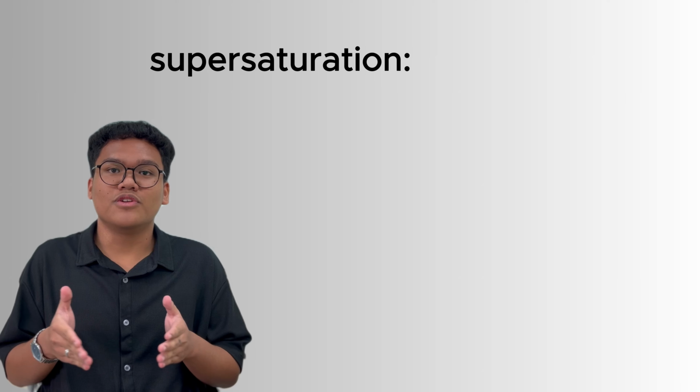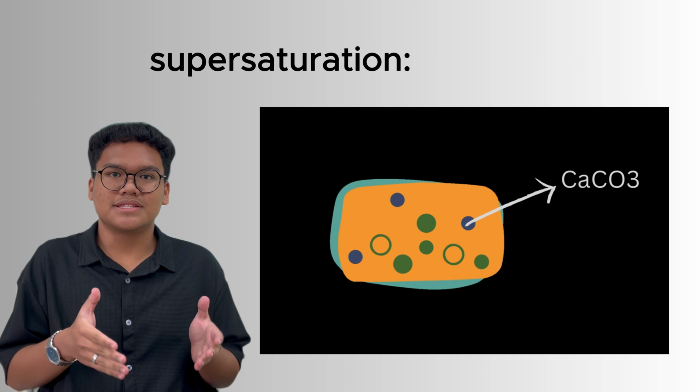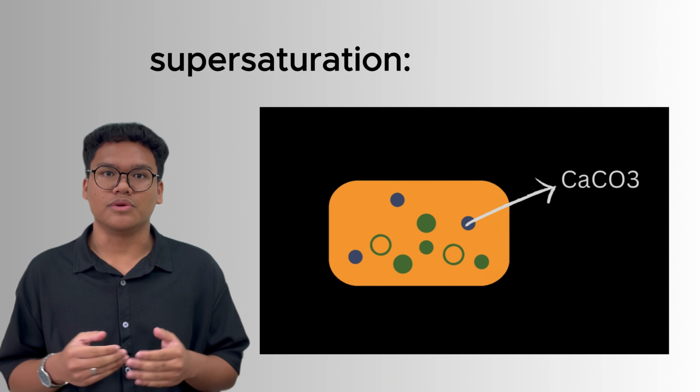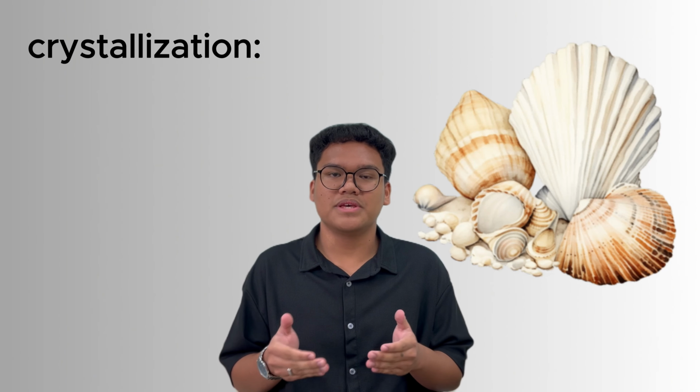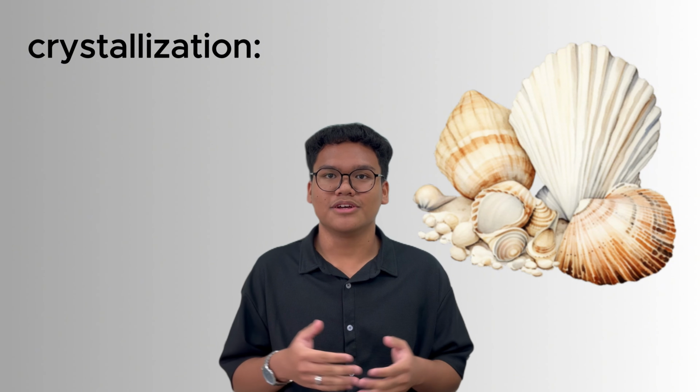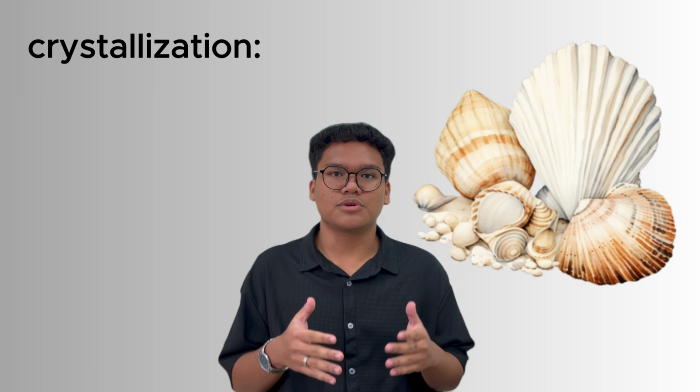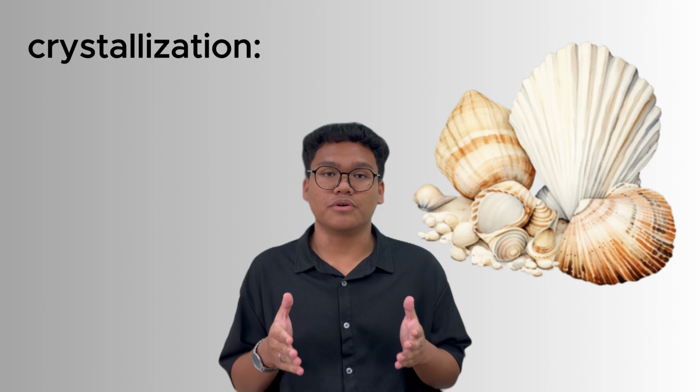The extracellular fluid is maintained in a supersaturated state with respect to calcium carbonate, which is necessary for crystallization. The third and last is crystallization. Organic molecules guide the formation of calcium carbonate crystals, controlling their shapes and arrangement. This precise control ensures the shell is both lightweight and strong.